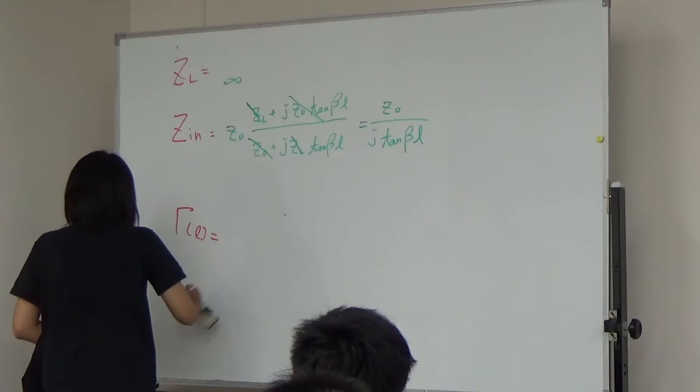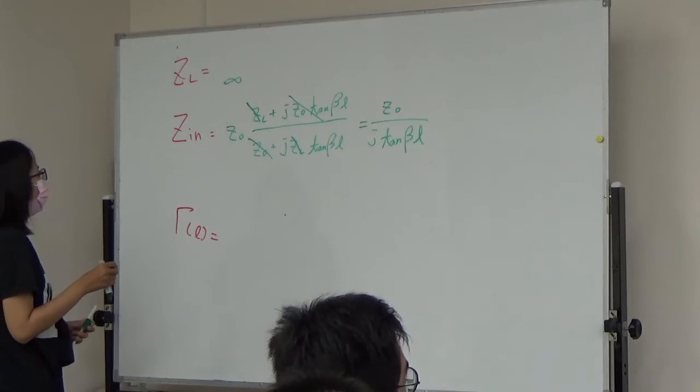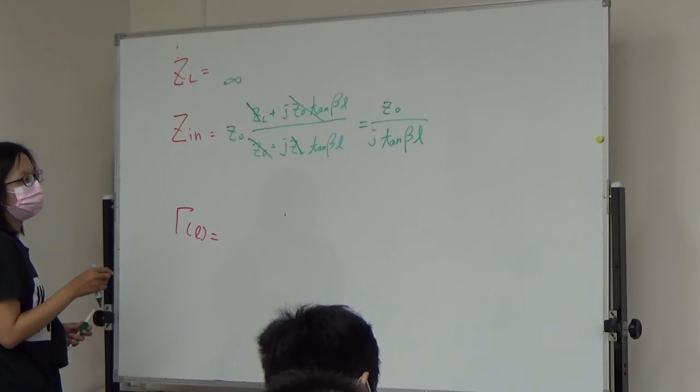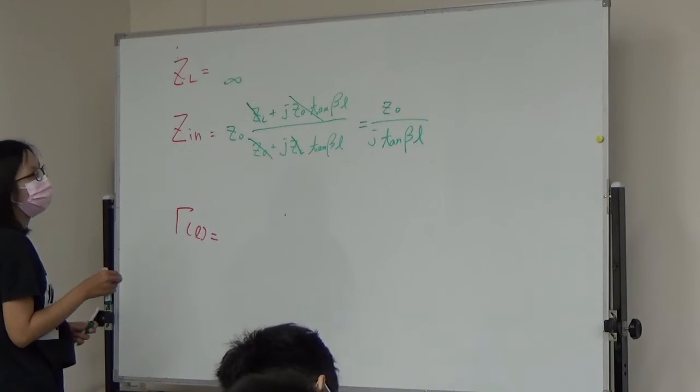So if you have a transmission line connected to open, it is just like a broken line. It's an open load.